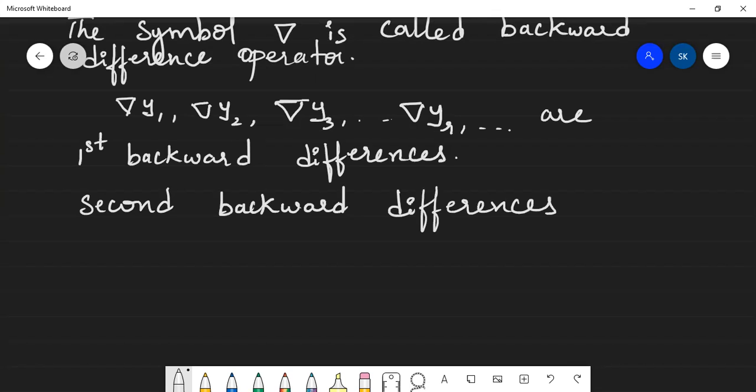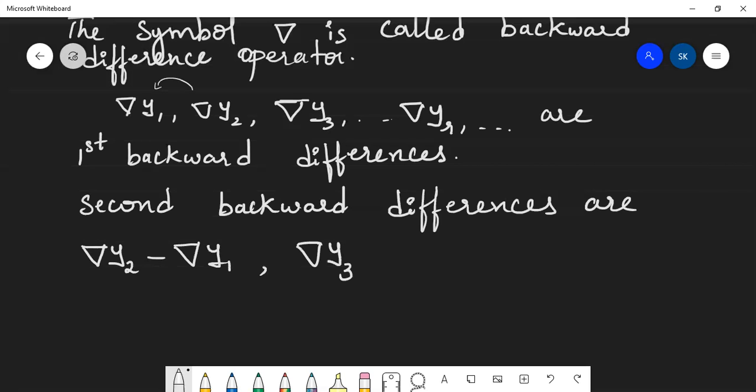How to get these differences? I should subtract these, no? So I'll write here backward delta y2 minus backward delta y1. Next one will be backward delta y3 minus backward delta y2, and so on.